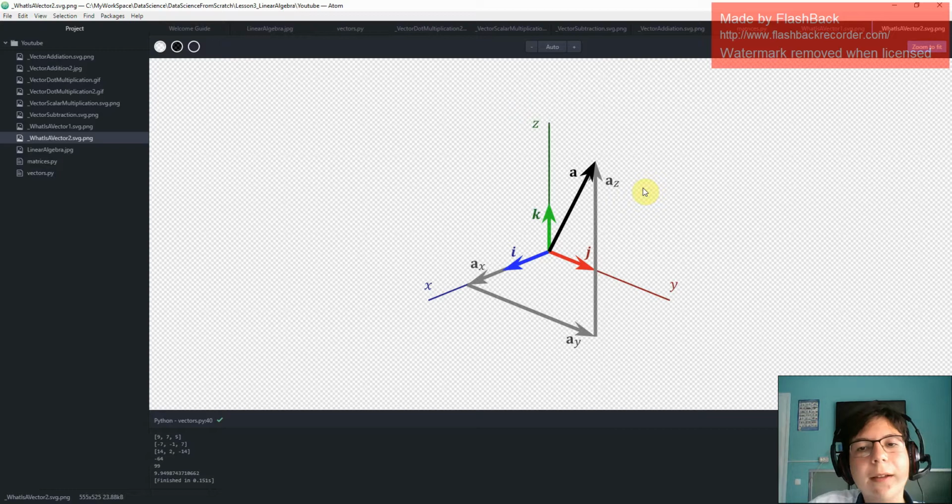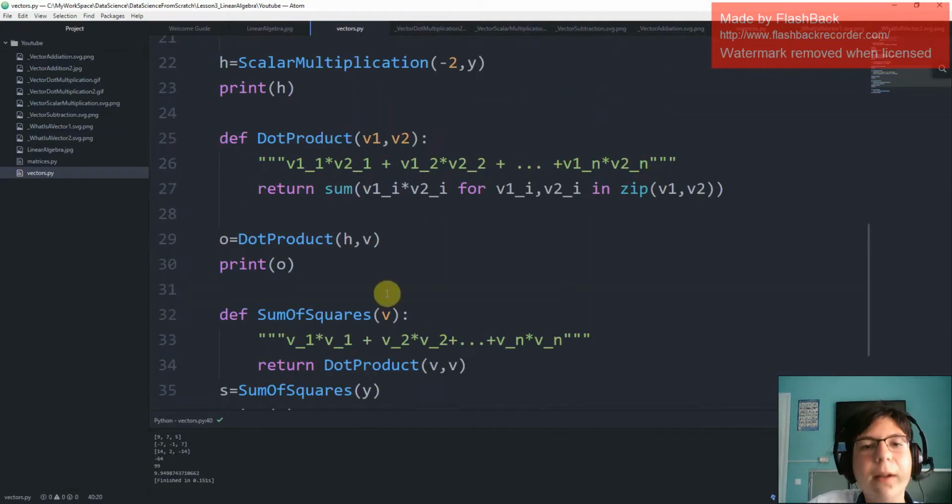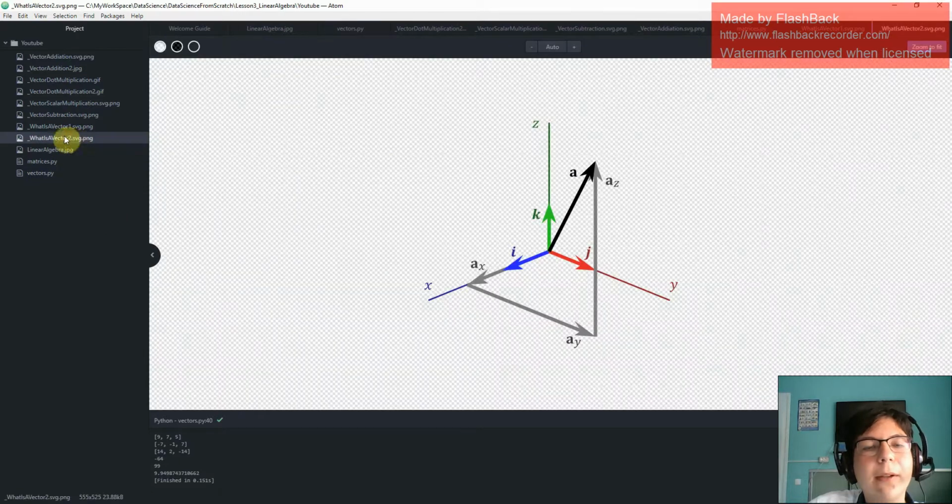But in computer science, we mostly deal with the algebraic form of the vector, not with the geometrical interpretation. So we will not use this geometrical interpretation too much, so that's why I won't go into too much detail.